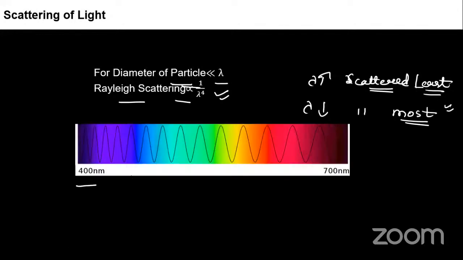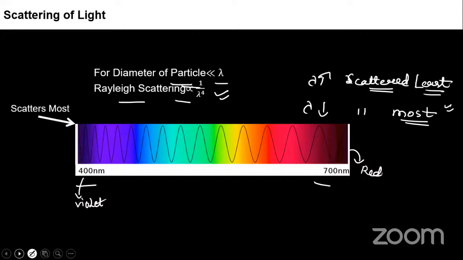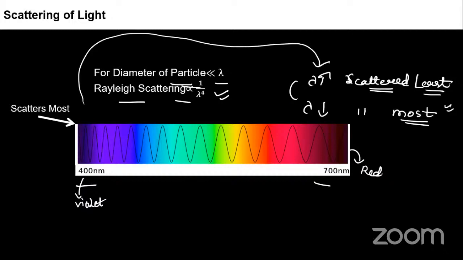So if you see this electromagnetic spectrum, this is the violet color. This is the red color here. Okay. So what happens? As per this mathematics, we can conclude lambda is less, it means most scattering. So it's written here, scatters the most.